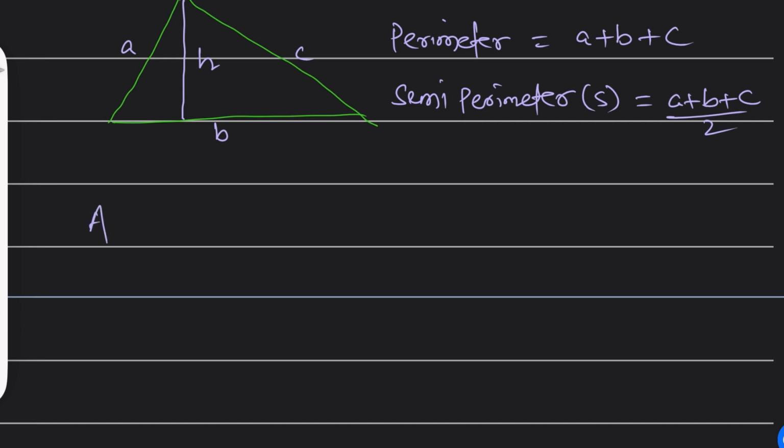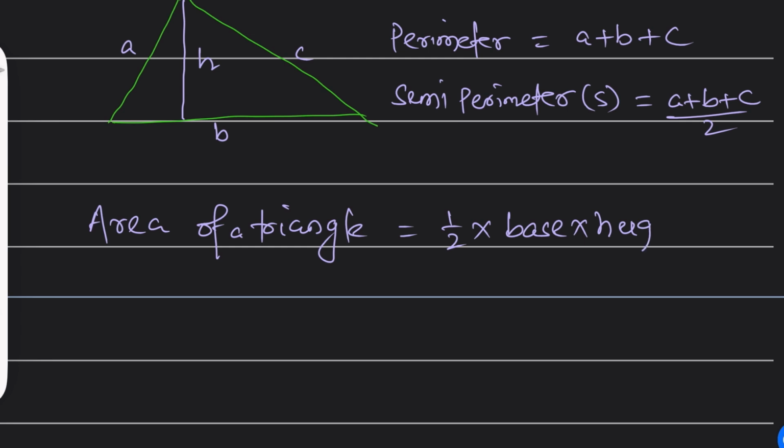One common method: the area of a triangle is equal to half into base into height of the triangle. This is valid for any triangle, and is the formula you should keep in mind.